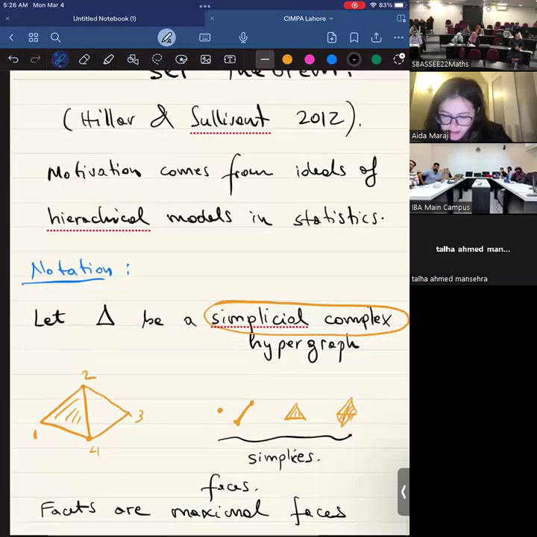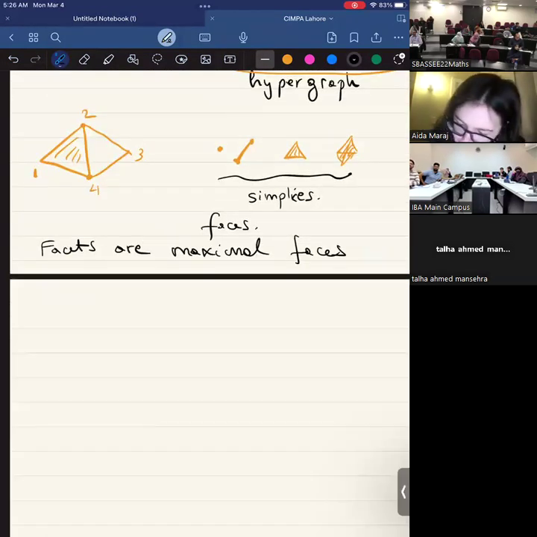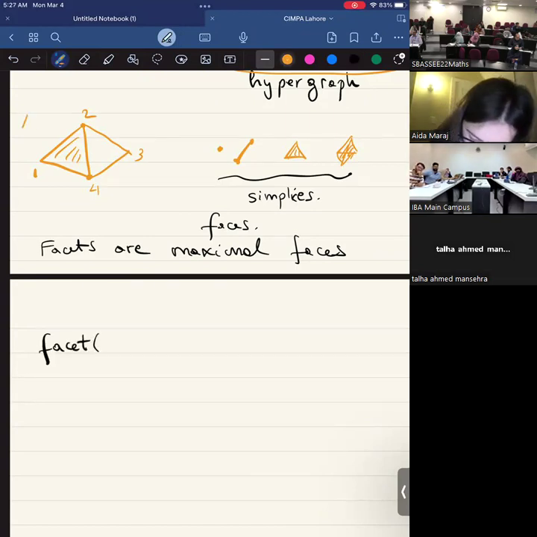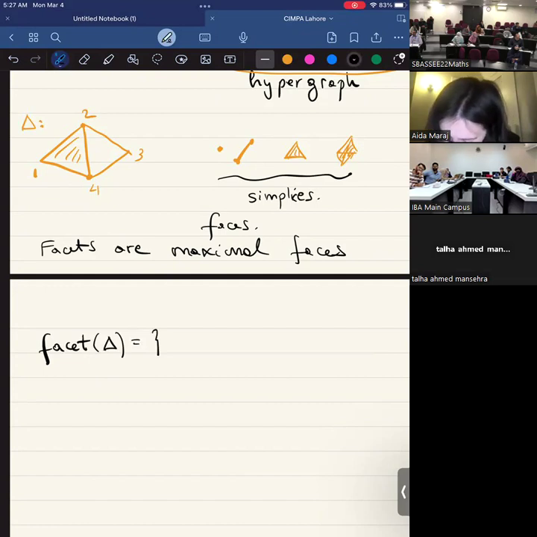So for instance, in our case, the facets of our delta here are going to be the sets {1, 4}, {2, 3}, and {3, 4}. Okay.